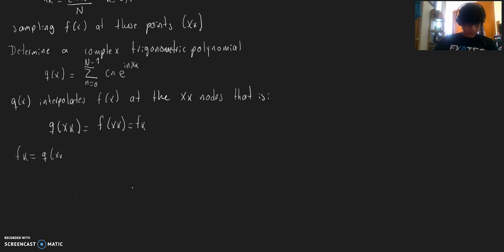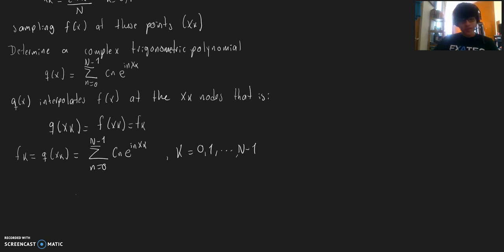So we can also make another representation of this equality. We also know this equivalency, and this will be equal to the summatory from n equals 0 to n minus 1 of this coefficient c of n e to the I n x k, where k goes from 0 to n minus 1.